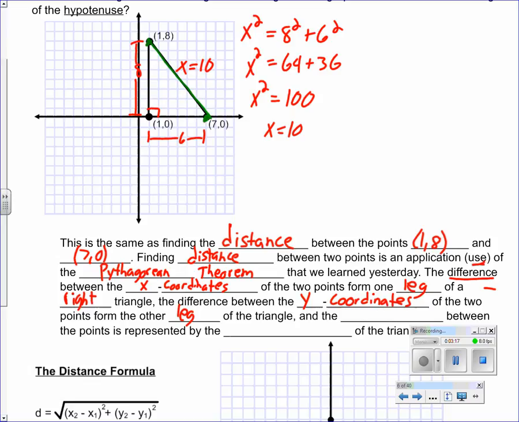So if we look at the warm-up, this leg right here, the 6, this is the difference between the x coordinates from 1 to 7.